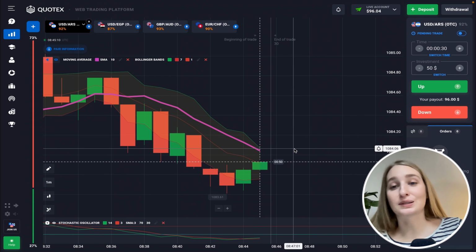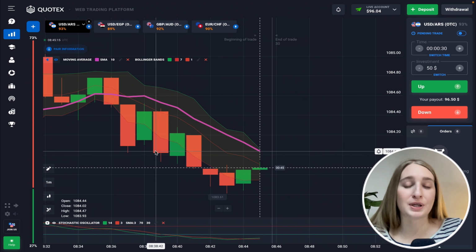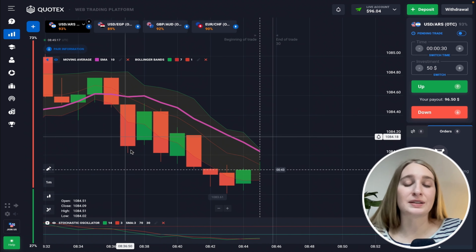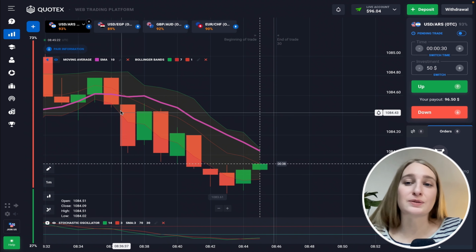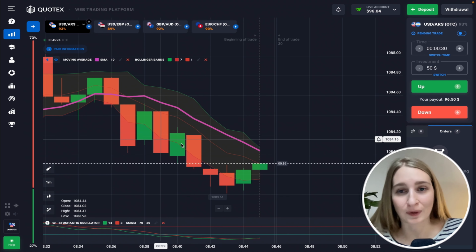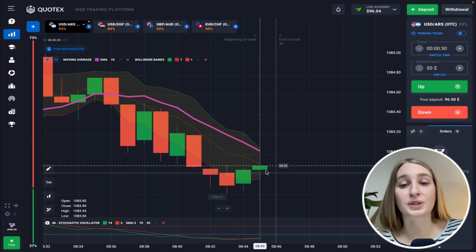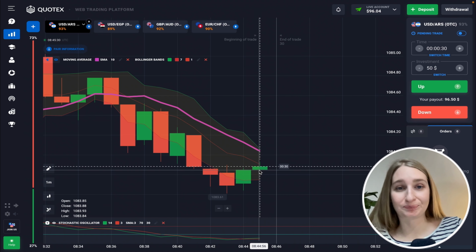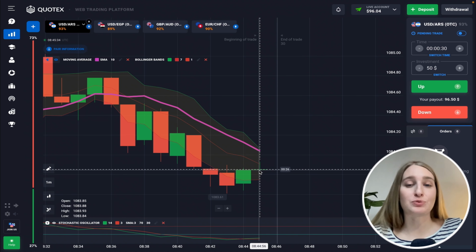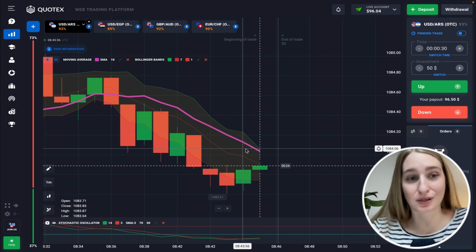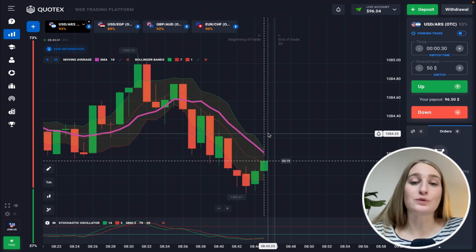And also, you see that after some period, after this situation where candlesticks were on the red line of the Bollinger Bands corridor, this situation changed right over here. And we see that the trend is in the middle of the corridor of Bollinger Bands. Moving average also is showing me that the situation is changing because the line is trembling. Really cool. Let's go and see what I can do in the next currency pair.